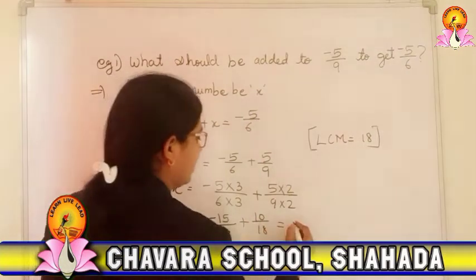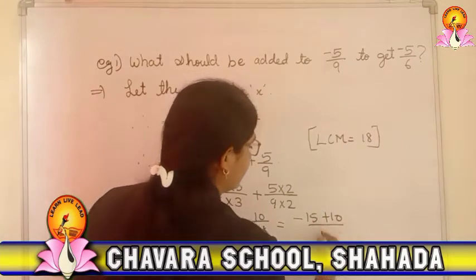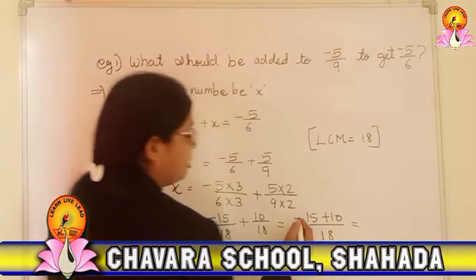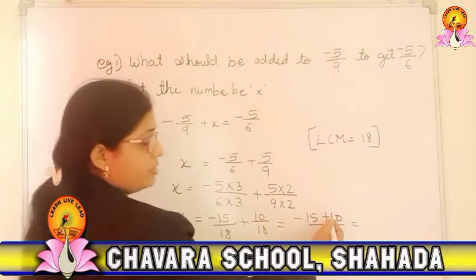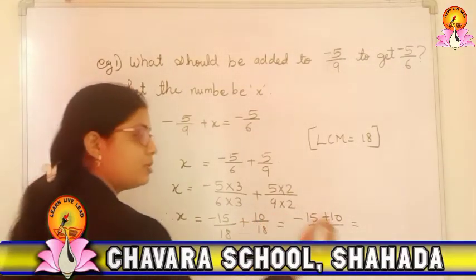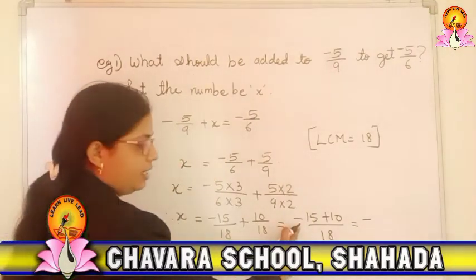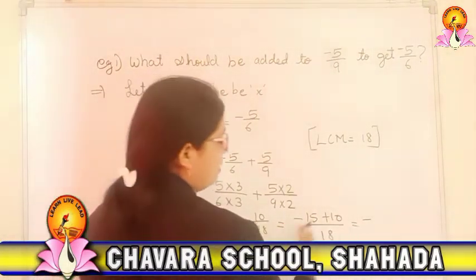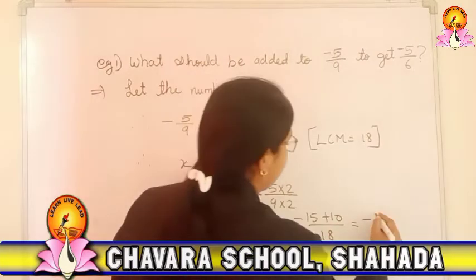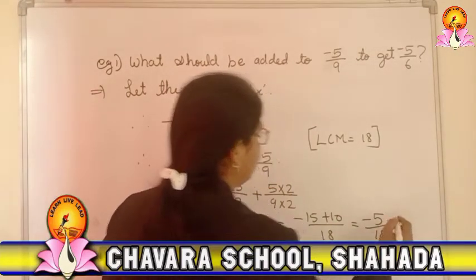Now we can take 18 as common. So negative 15 plus 10 upon 18. Negative and positive, so the operation will be subtraction and the sign of the answer will be negative, because the greater number, 15, has a negative sign. So it will be negative 5 upon 18.